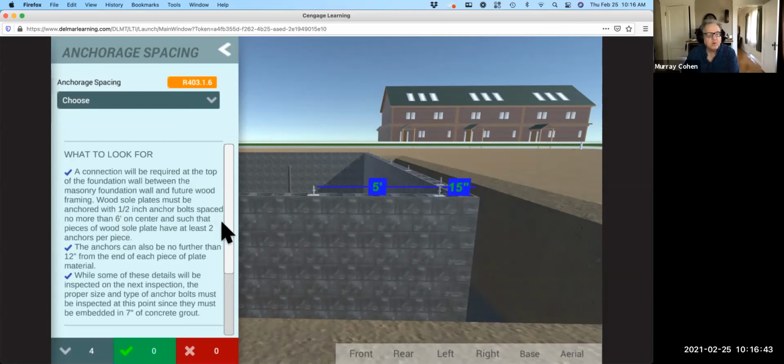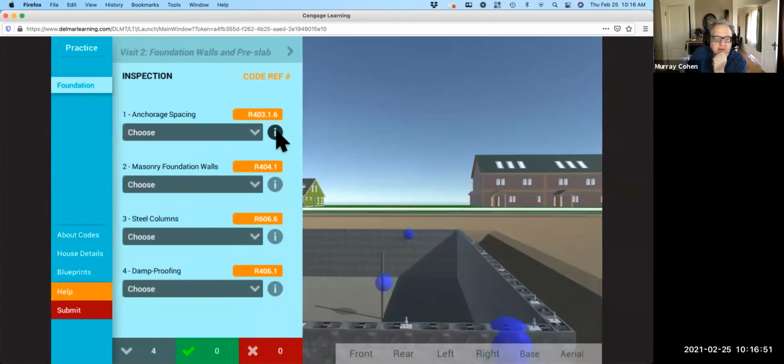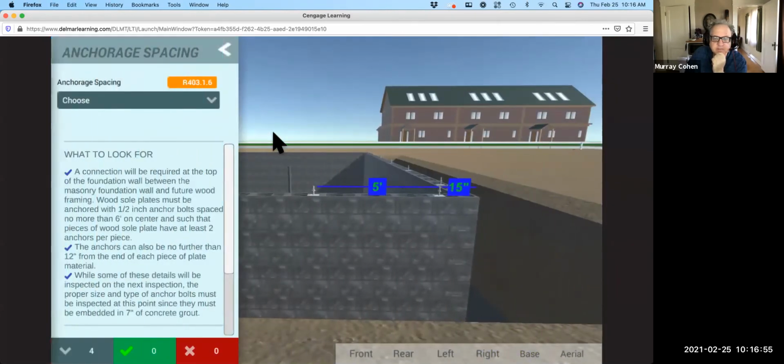This is sort of cool because it explains all the code. So when you push on the information icon, it shows you what to look for, what the measurements are and the actuality of it.